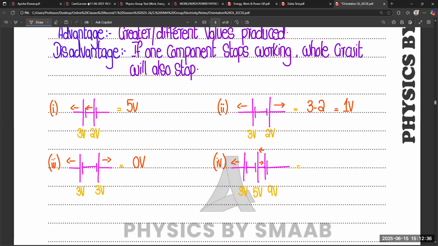So 3 and 9. 3 and 9 are in the same direction. 5 is in the opposite direction. So we will do like this. 3 plus 9, they are in the same direction. 5 is in the opposite direction. 7 volt, right?